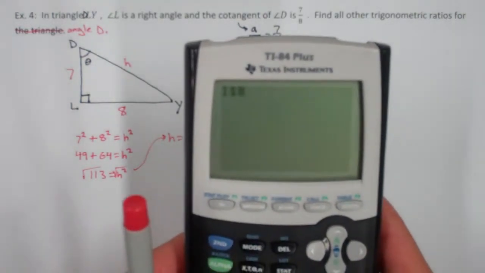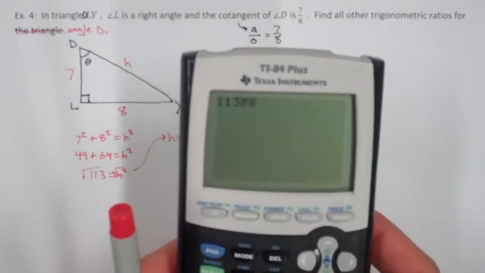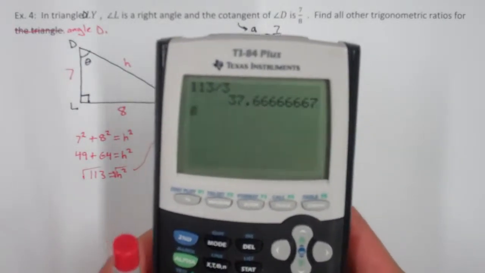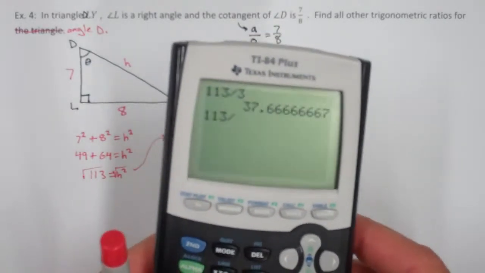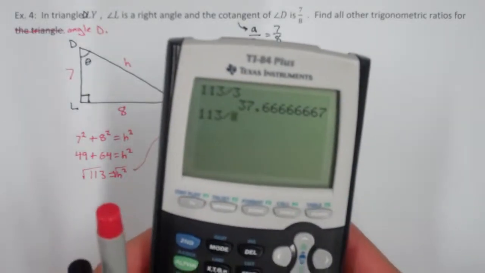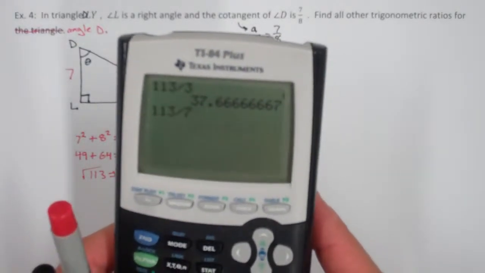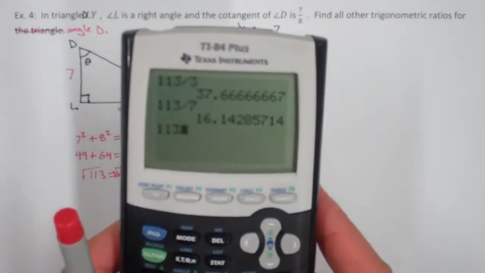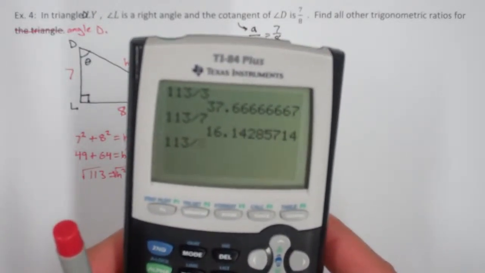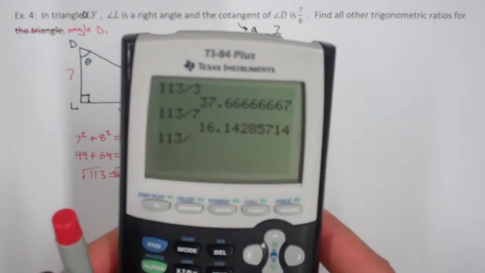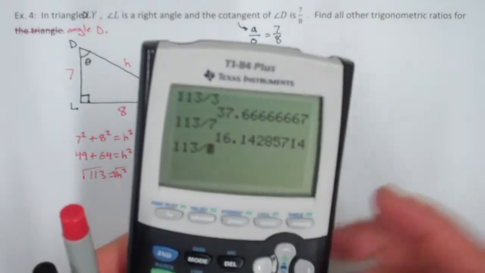113, not divisible by 2, not divisible by 3, totally not divisible by 5. It doesn't end in a 5 or a 0. It's not divisible by 6 because it's not divisible by 2. By 7, that wouldn't work. It's not divisible by 3, so it can't be divisible by 9.